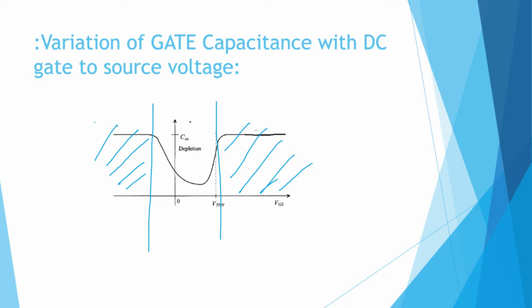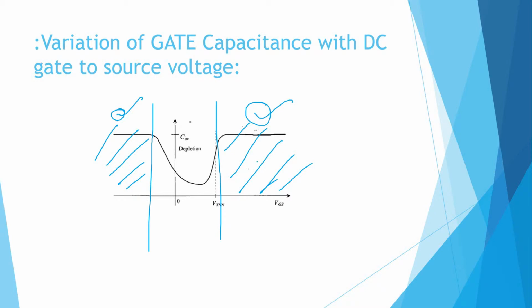Now there is a question: in which case is the capacitor better? When you are giving negative gate potential, is the capacitor formed in this region better, or when you are giving positive gate potential? In both cases, obviously, source and drain are both grounded.